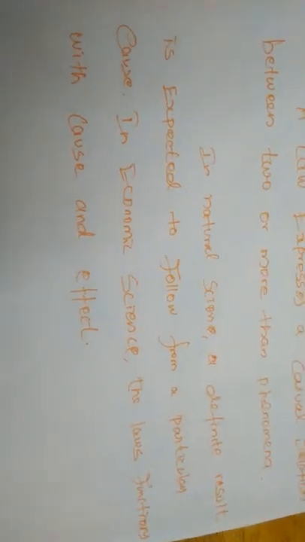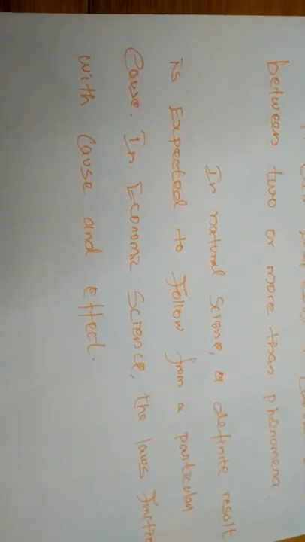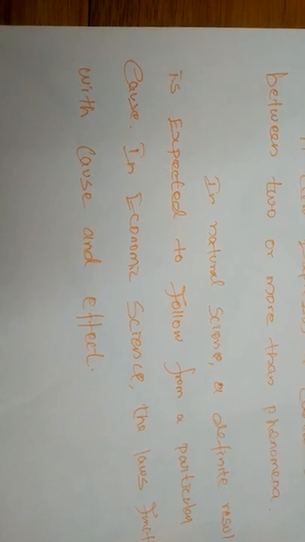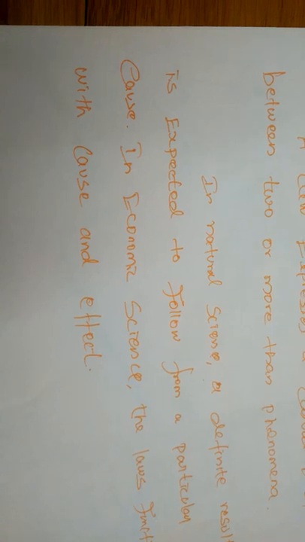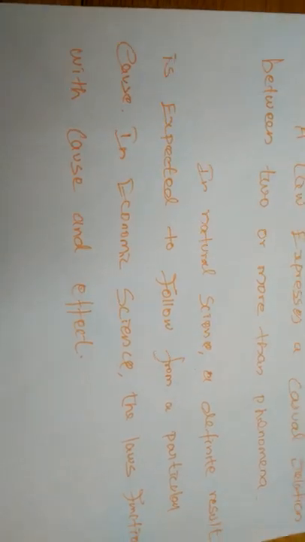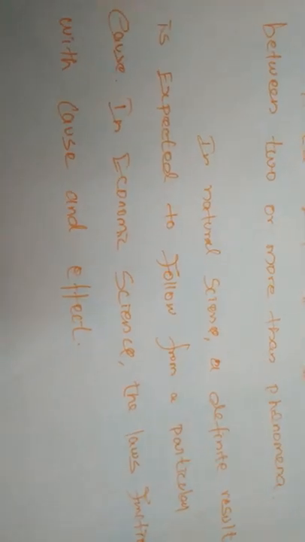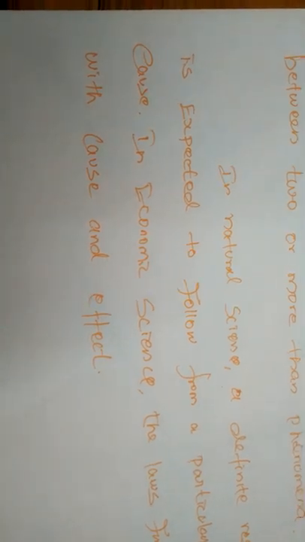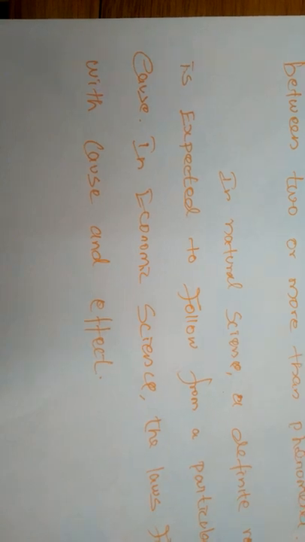Finally, we can say the economic laws are not as precise and certain as the laws in the physical sciences. Marshall held the opinion that there are no laws of economics which can be compared for precision with the law of gravitation. As I told you, that is the definite one. So the economic laws will not be equal to the laws of science.